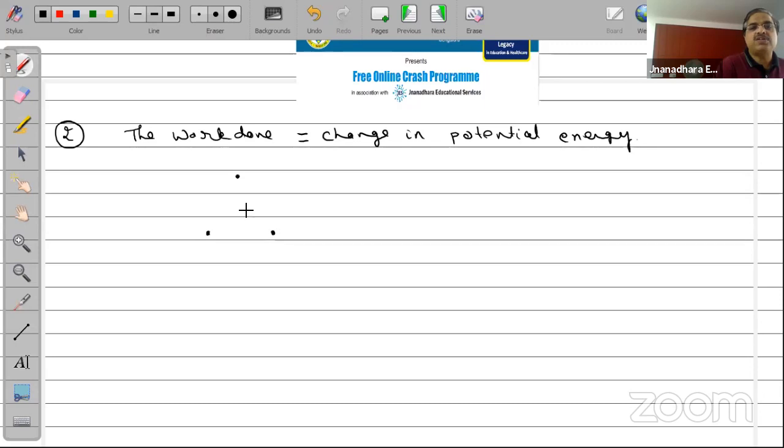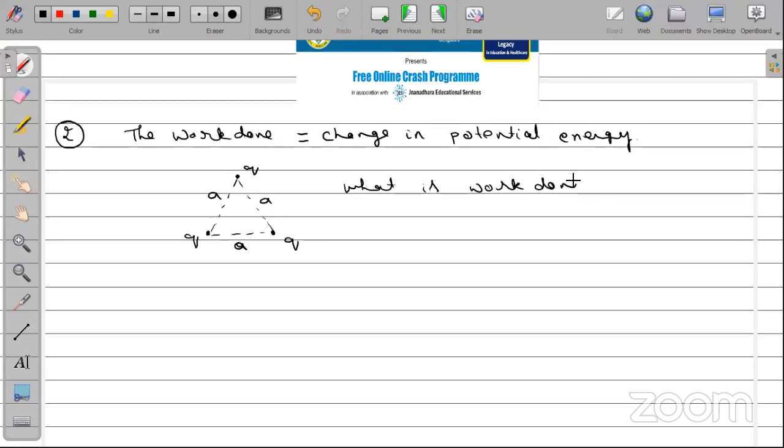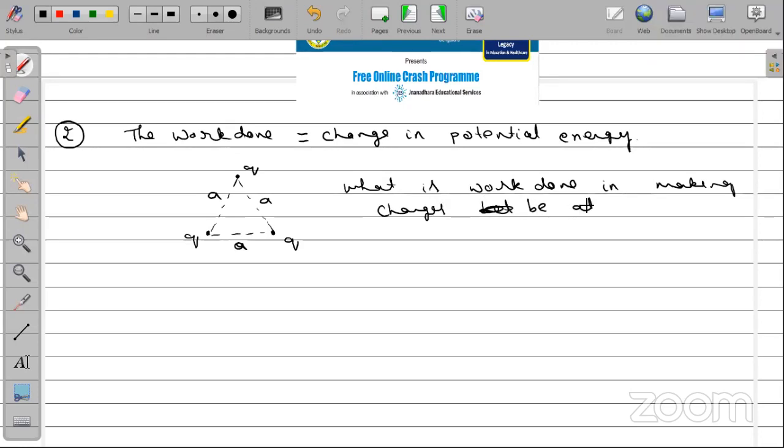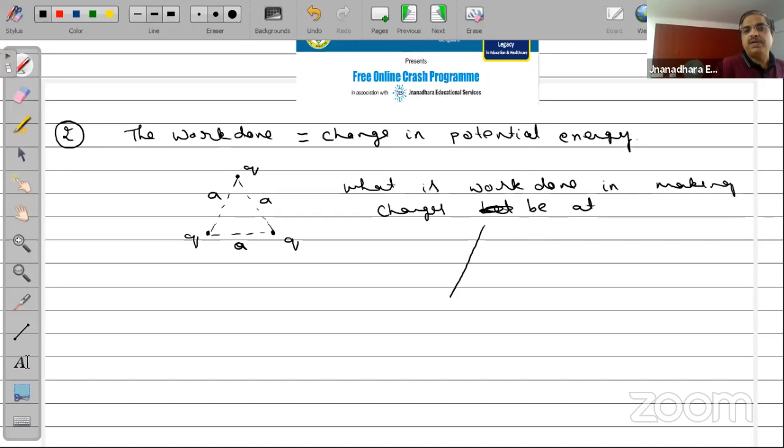If I have 3 charges of charge Q placed on a triangle of side A. Now the question is, what is the work done in making these charges be at a triangle of separation 2A.